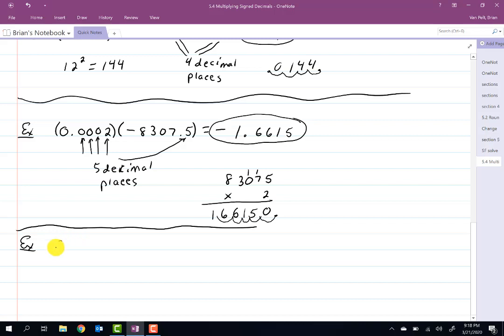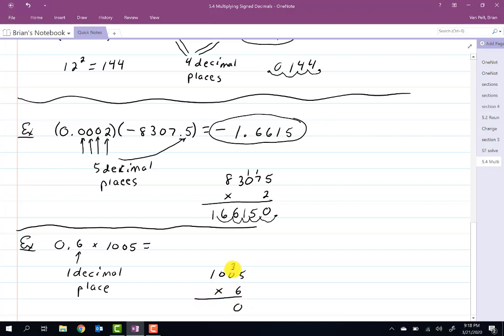Let's try 0.6 times 1005. So here I just have 1 decimal place. And so I'll just do 1005 times 6. 6 times 5 gives me 30.